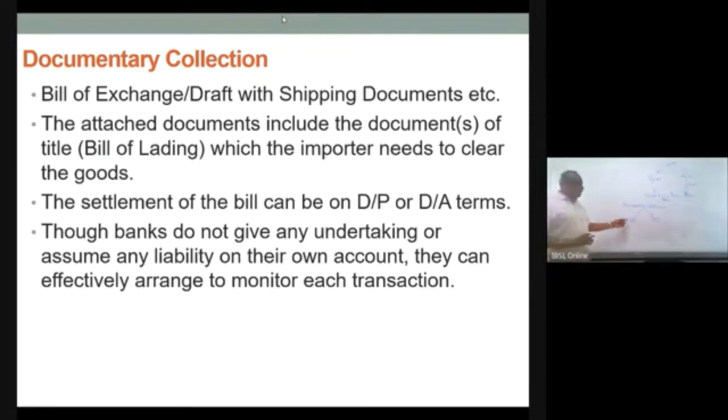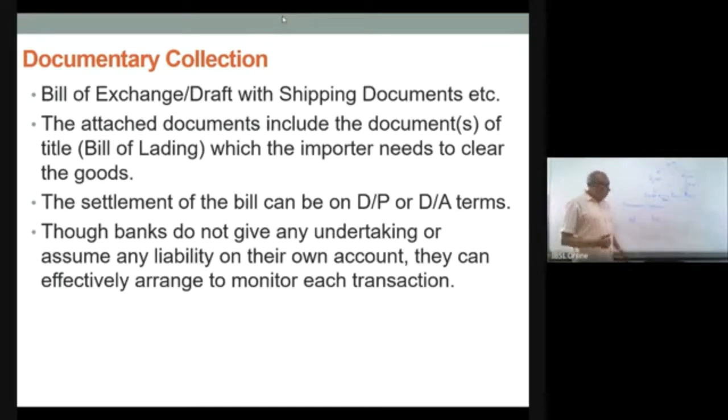The collecting bank will release the documents only if you pay. Otherwise, they will not give the documents to you. Under DA, the collecting bank will give you the documents only if you accept the bill of exchange. The bill of exchange is a financial document. If you want to file a case, if you want to go for litigation, you need the bill of exchange.